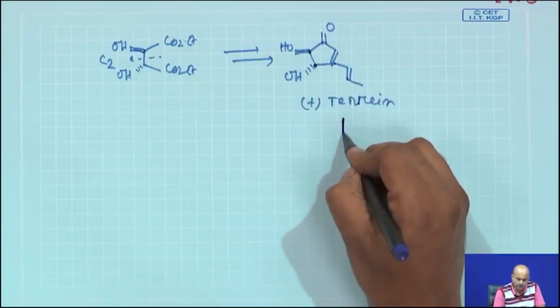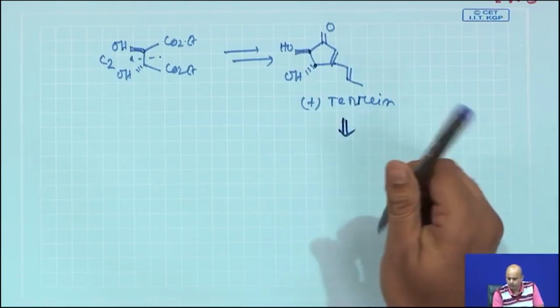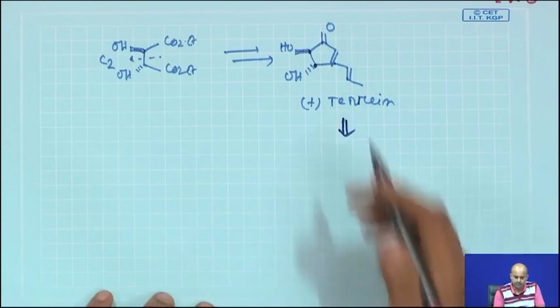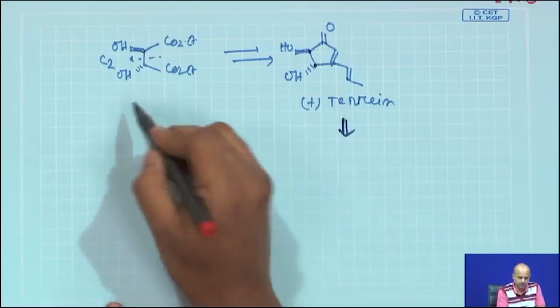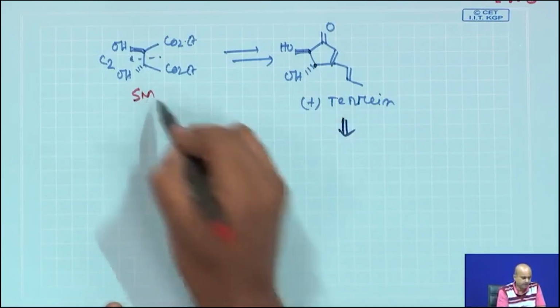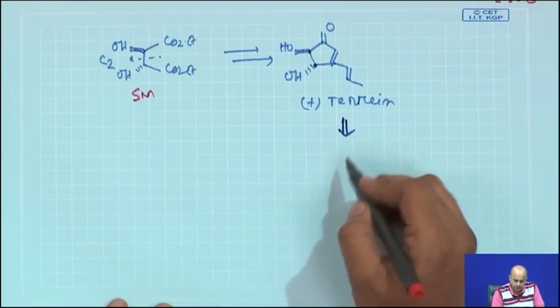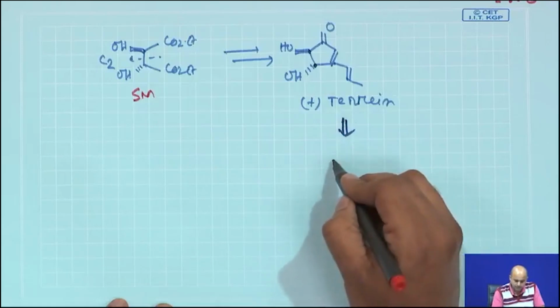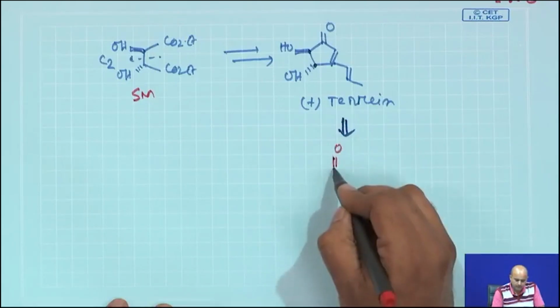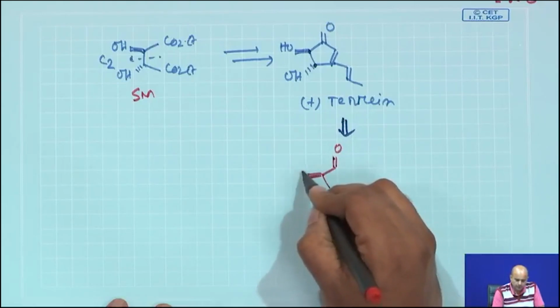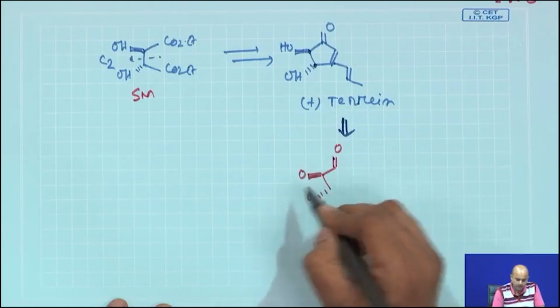Now, you try to analyze through standard retrosynthesis how you can convert this terrein and how it can be constructed from this starting material. We say that we will be trying to use some reactions. Initially, you first make sure this free hydroxy group is properly protected.